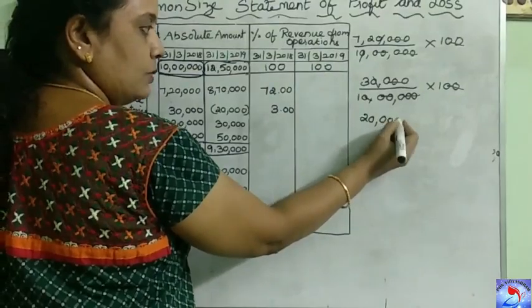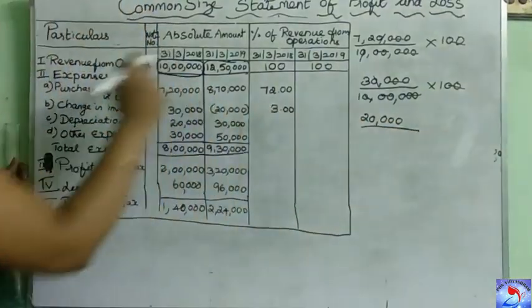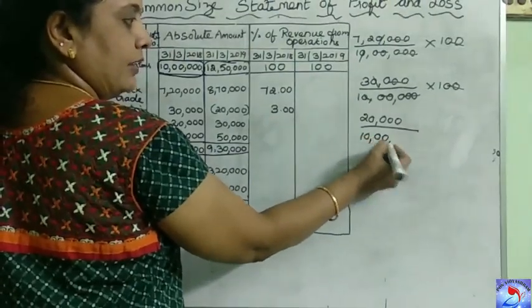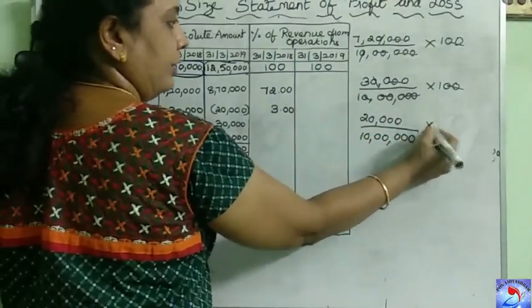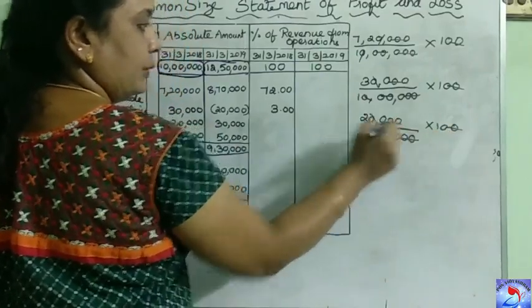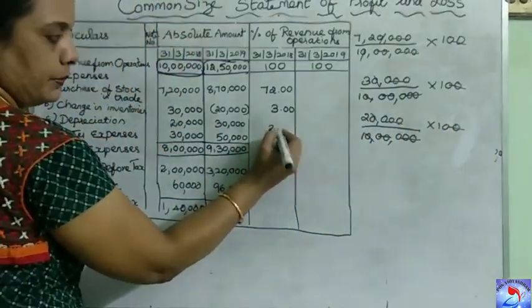The base figure is again 10 lakh. 20,000 divided by 10 lakh into 100, you will get 2.